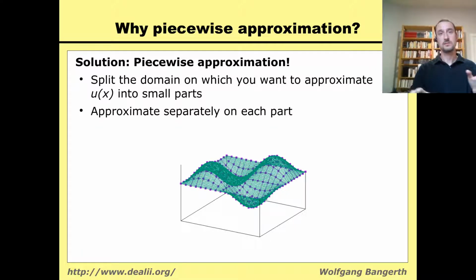So that's the idea of this piecewise approximation, that I can isolate the problems. If there are parts of the domain where the solution is badly behaved, I will get poor approximation quality there, but everywhere else, I can hope that at least things work out well.